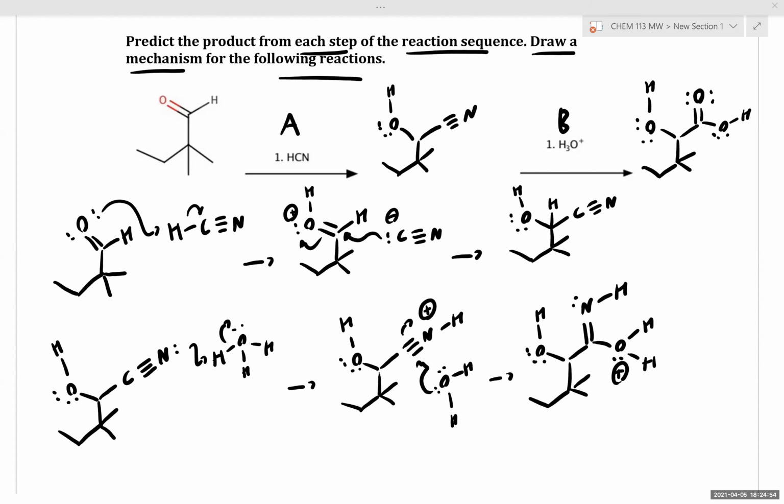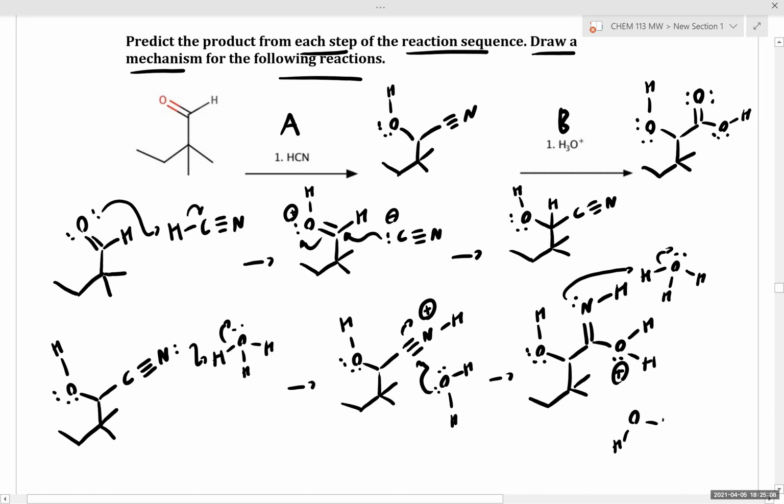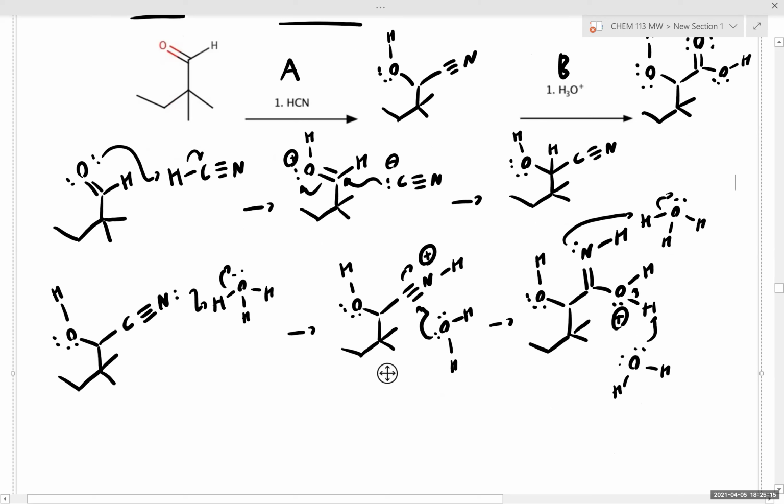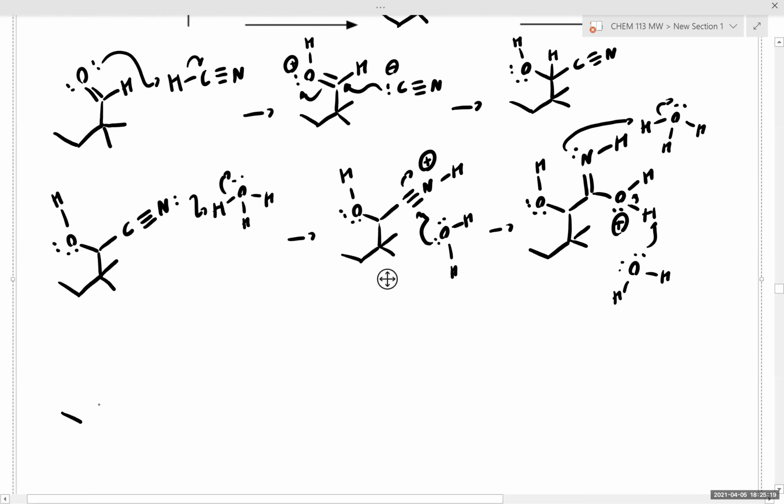Yep, we're going to have a proton transfer, but we're going to draw it as inter rather than intramolecular because it's not quite geometrically set up. 4 atoms apart, that's a pretty small cyclic transition state if you're going to have a proton transfer. Okay, so we have a proton transfer. We've now heavily activated this imine-like intermediate.